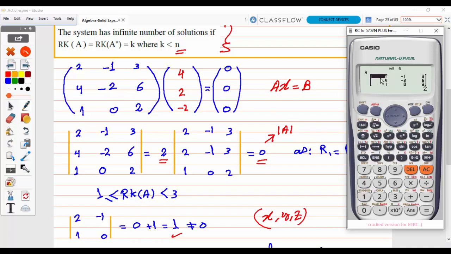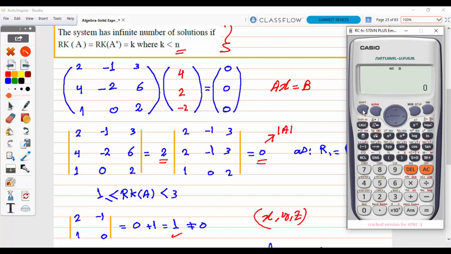And we enter 2, negative 1, 3; 4, negative 2, 6; 1, 0, and 2. So this is matrix A, and I write here the matrix X, 4, 2, minus 2.